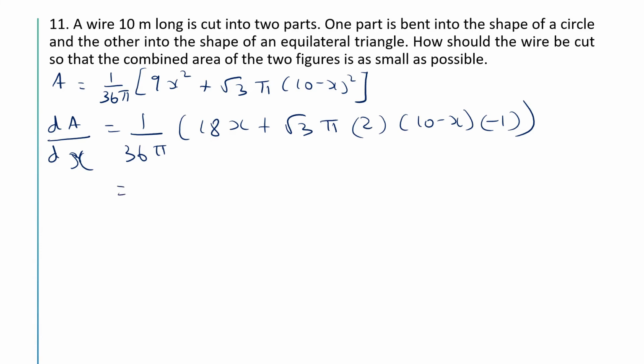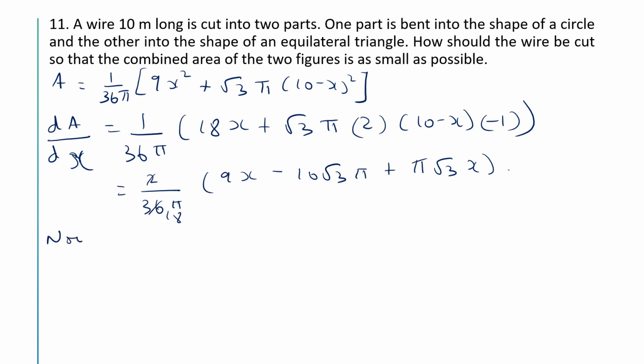So this is equal to, here 2 is common, so 2 divided by 36 pi into 9x minus 10 root 3 pi plus pi root 3 x. So this will be 1 by 18 pi.